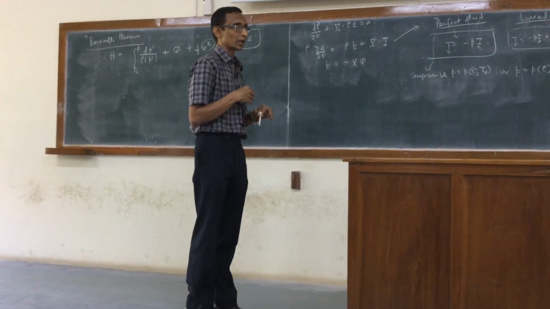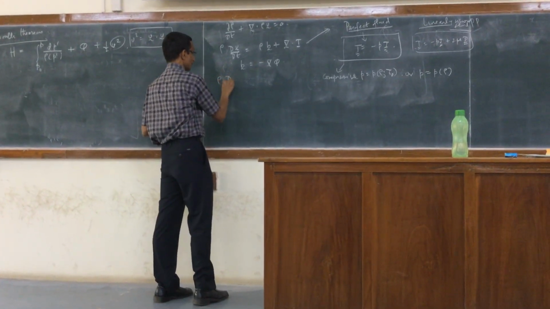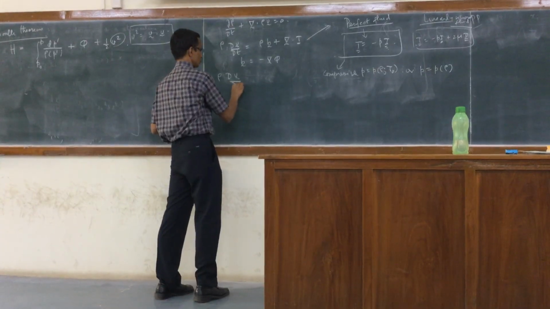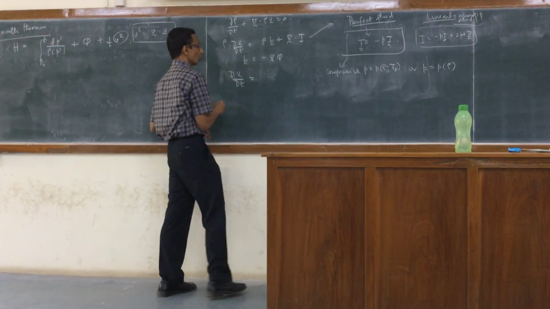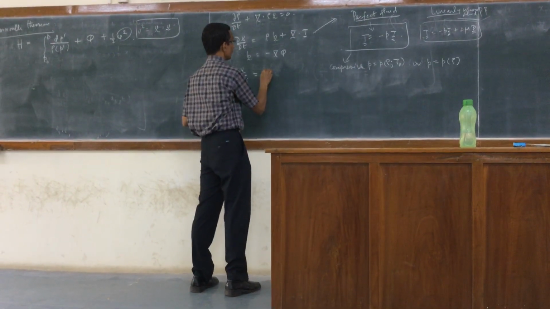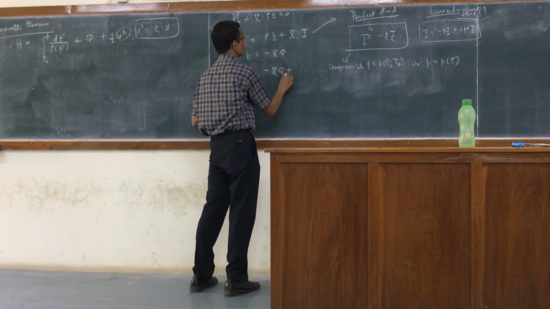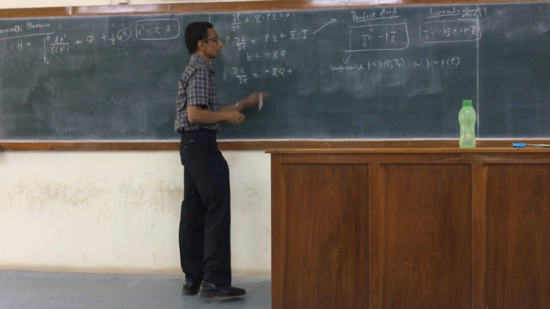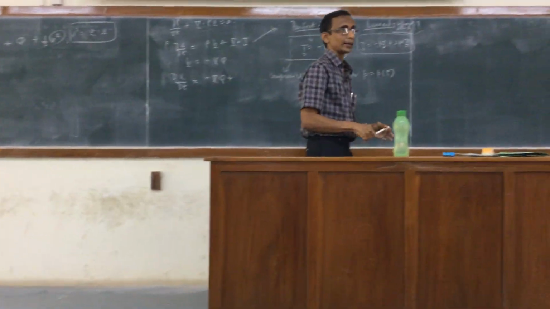So with all these qualifications, I can now write the acceleration, if I divide by rho, as minus the gradient of phi plus, now what would be the divergence of T if T is minus P times I?